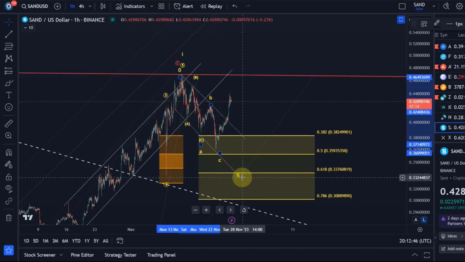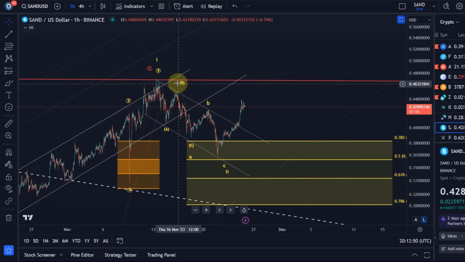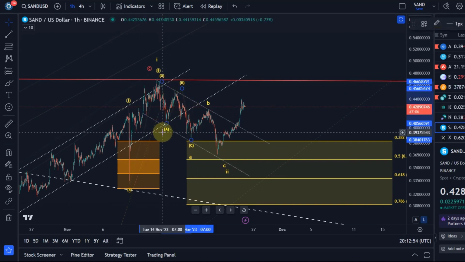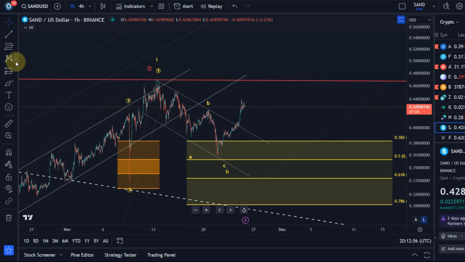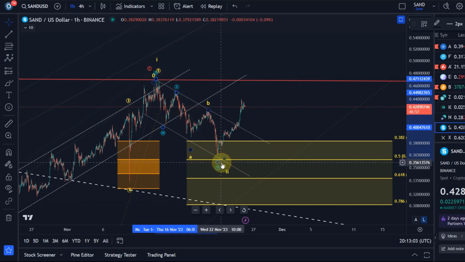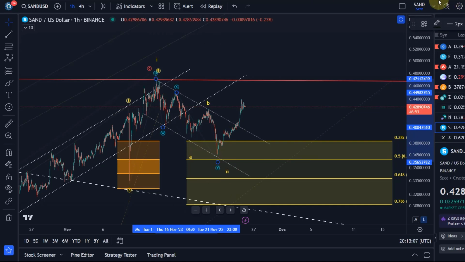Yeah, this is technically complete, where we had an A wave, a B wave, and then here, this needs to be WXY. If this is finished as it is, it would need to be a WXY. So it's either this, WXY, and then the ABC structure here unfolded in the Y wave.